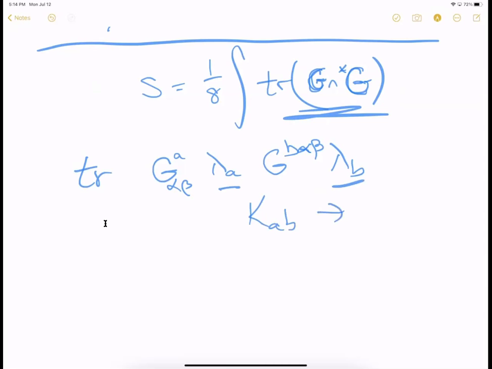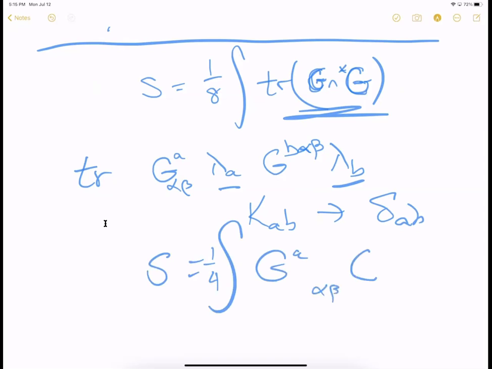And in the case of SU(N), that's just the identity, the Euclidean metric. So really what this action is, up to some overall multiple, I think it's a quarter here, we're summing over the 8 different gluon fields.